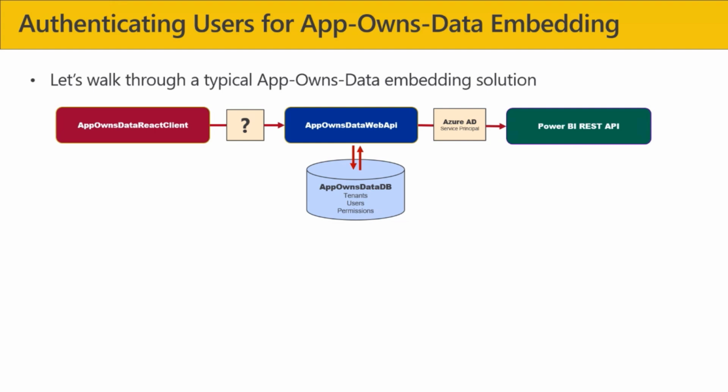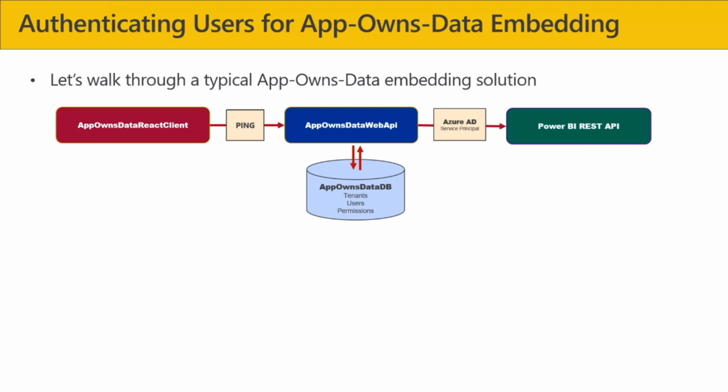And one of the beauty marks of Power BI embedding is that you can choose whatever identity provider that you want. So we have plenty of customers that come in and the requirement is they have to use Ping. That's no problem. And one thing is, this identity provider in an app owns data solution really has to do one thing, pass an access token that has the ID of the user, and everything else you can kind of have in the database.